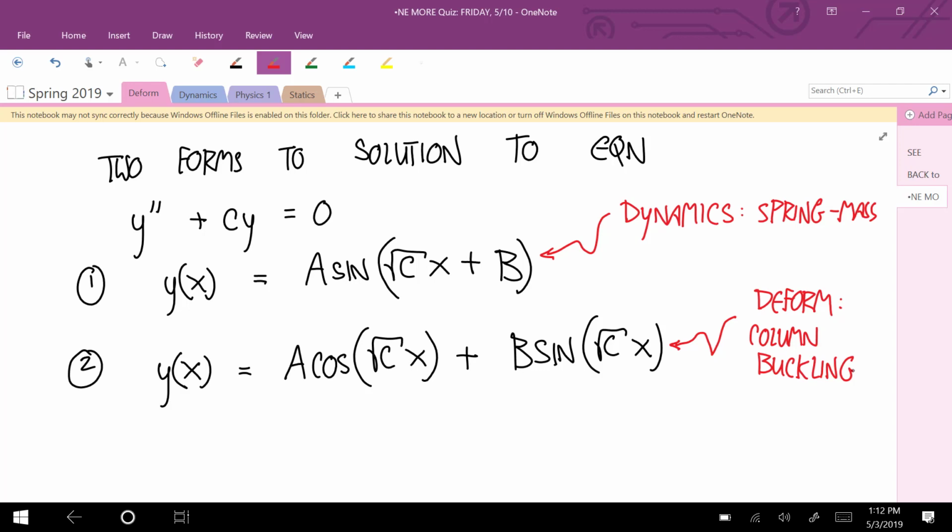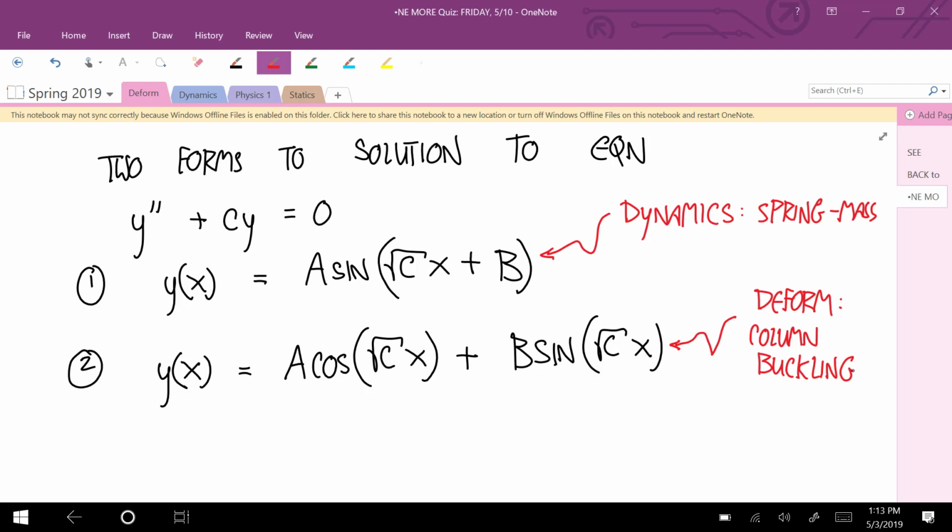Well, in deform, we haven't done anything that's a function of time. We're going to be solving this function with an independent variable that represents a spatial dimension. So this function is going to represent a shape, not how things change in time.